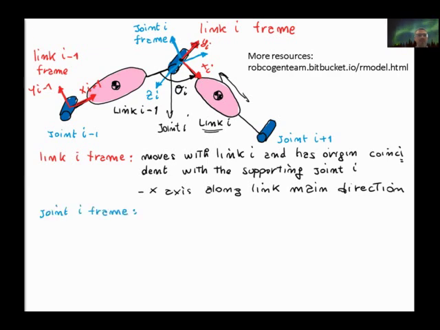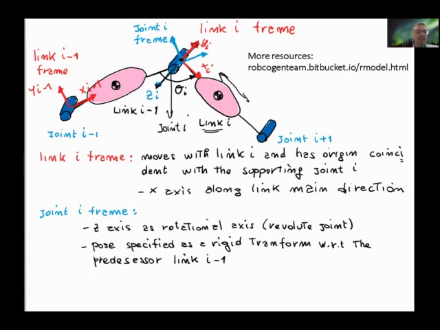And about the joint I frame, usually we set the z-axis of the frame as the rotational axis in case of revolute joints, or in the prismatic direction the joint moves in the case of prismatic joints. And the pose of the joint I frame is specified in the URDF model as a rigid transform with respect to the supporting predecessor link.